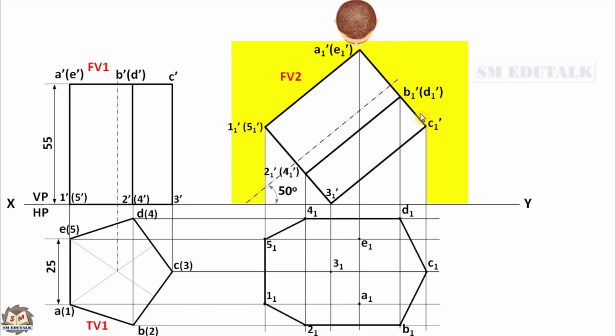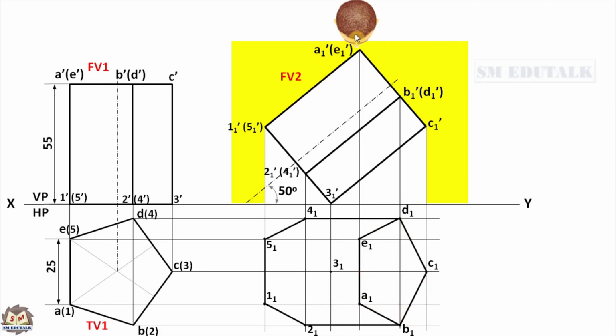This line represents the top base. So top base means A, B, C, D, E. So join all the alphabets by a continuous thick line because the top base is visible. So already we have drawn two edges DC and CB, and draw the remaining edges by a continuous thick line. Now we have got the top base.